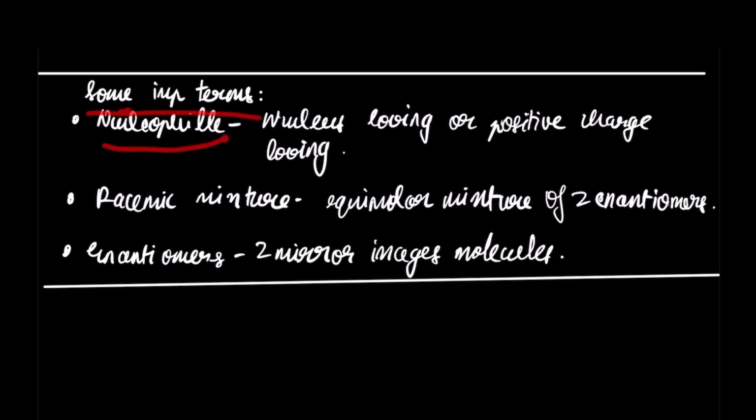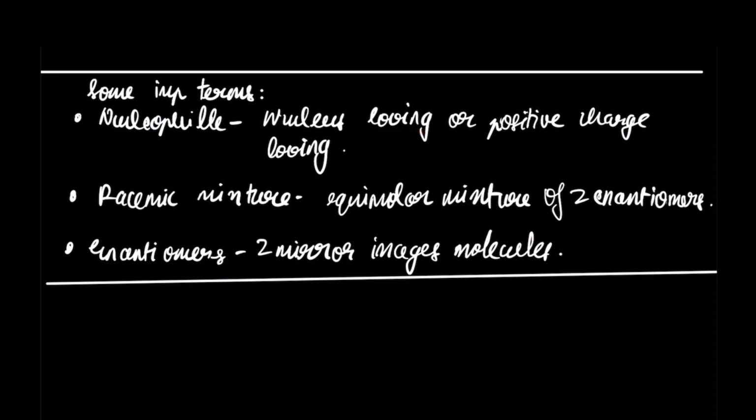A nucleophile is basically a nucleus loving species. Nucleophile itself means nucleus loving or a positive charge loving species. Nucleus has a positive charge, so the species attracted towards the nucleus is called a nucleophile.